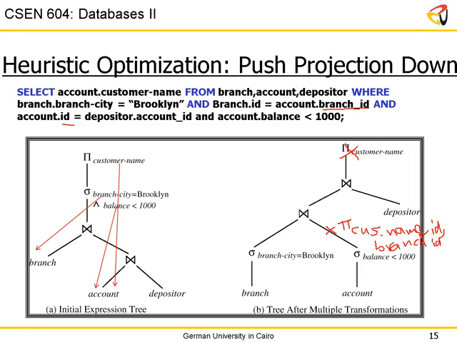For example, from branch, I only need branch.id and branch.branchCity. I don't need anything else. So there's no need to actually propagate the rest. And this follows generally for all queries: if there is any opportunity to push projections down, then we should do that, just like we pushed selections down.